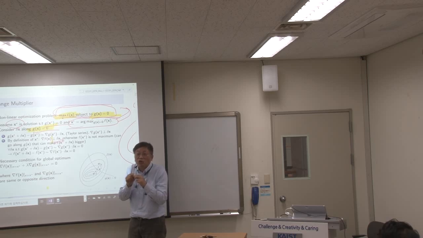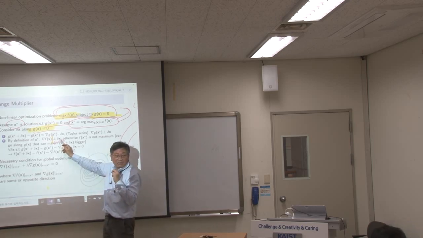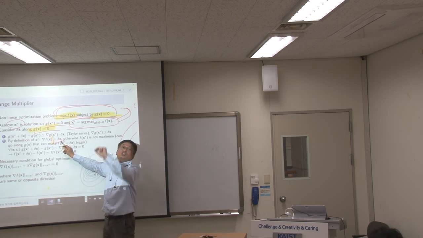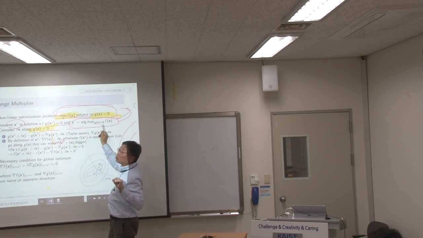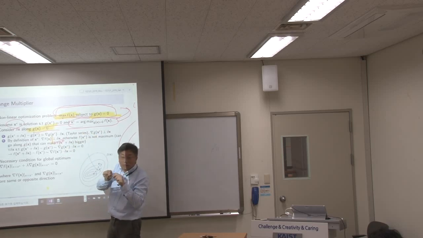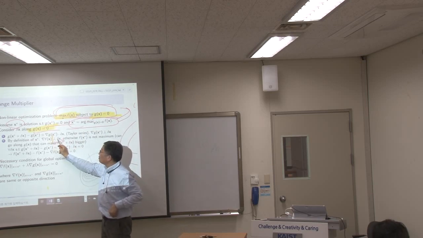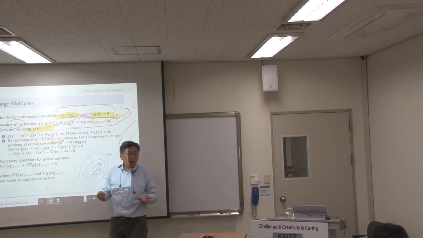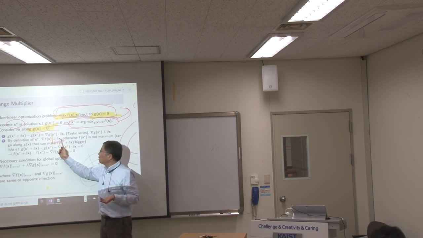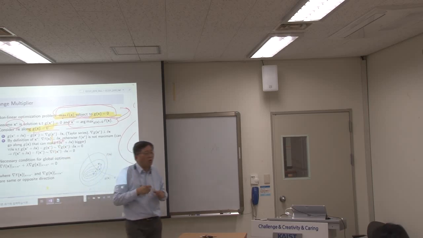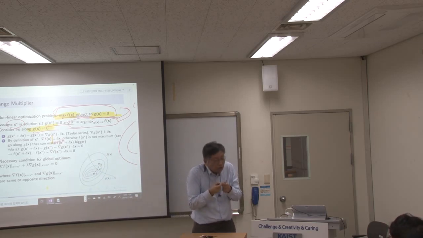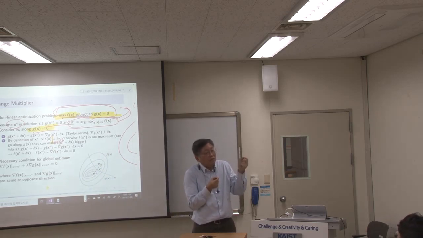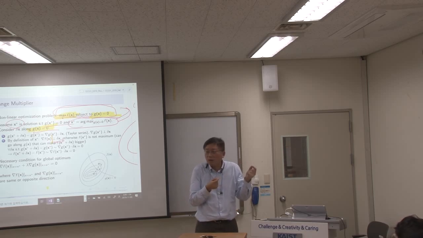It has to stay in g(x) equals 0, that direction. If they are not orthogonal, I can move such that f can be bigger. But because it's perpendicular, I cannot go along the g(x) equals 0 contour to make f(x) bigger. Do you understand what I'm saying?